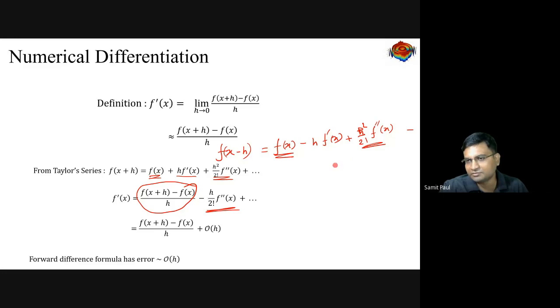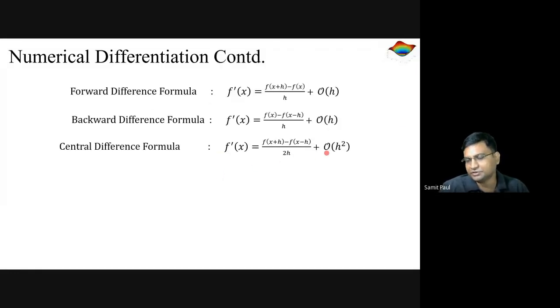What will be left is the first order term, h f prime x, and the next term which is still there will be the h cube term, the third order term. And if we divide both sides by h or manipulate the equation, we will get this equation, and it will have an error of the order of h square.